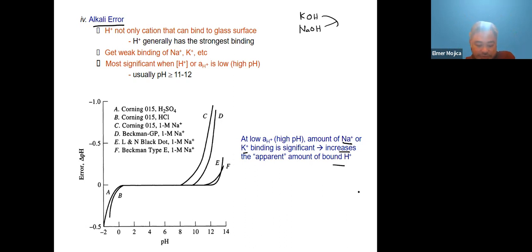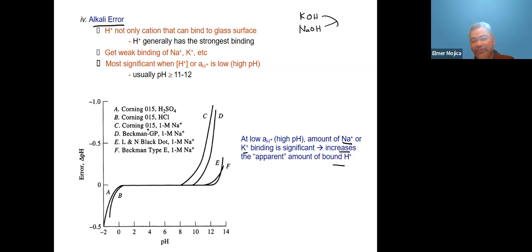Okay? So itong reading na meron dito, ito yung different brand ng pH meter at different condition. So look at them. Okay, so A and B, this is, we could say, at low pH. Corning 0.15. So if it's in H2SO4, ito yung reading niya. If it's HCl, dito yung reading niya.